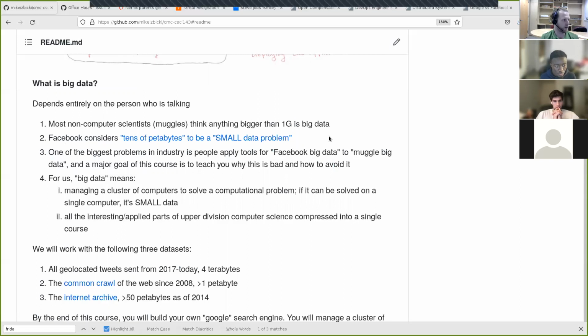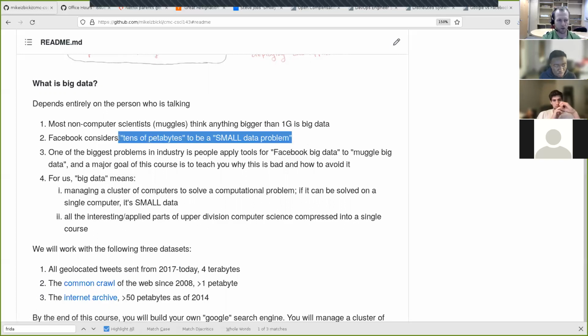A lot of non-technical managers, especially at a bank or any of these companies where tech is not the primary focus but a side thing that helps their main economic activity, are likely to think of big data as a 1 gigabyte problem.